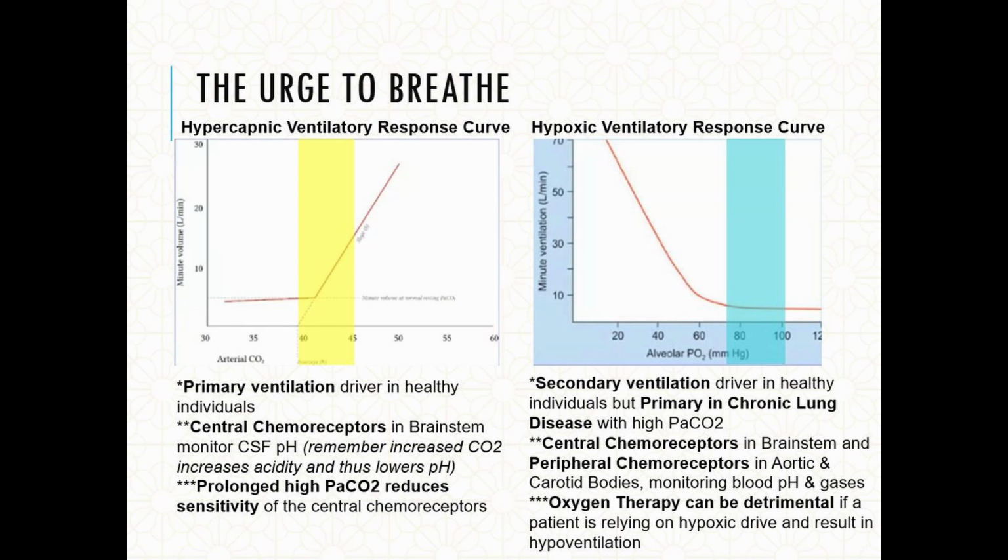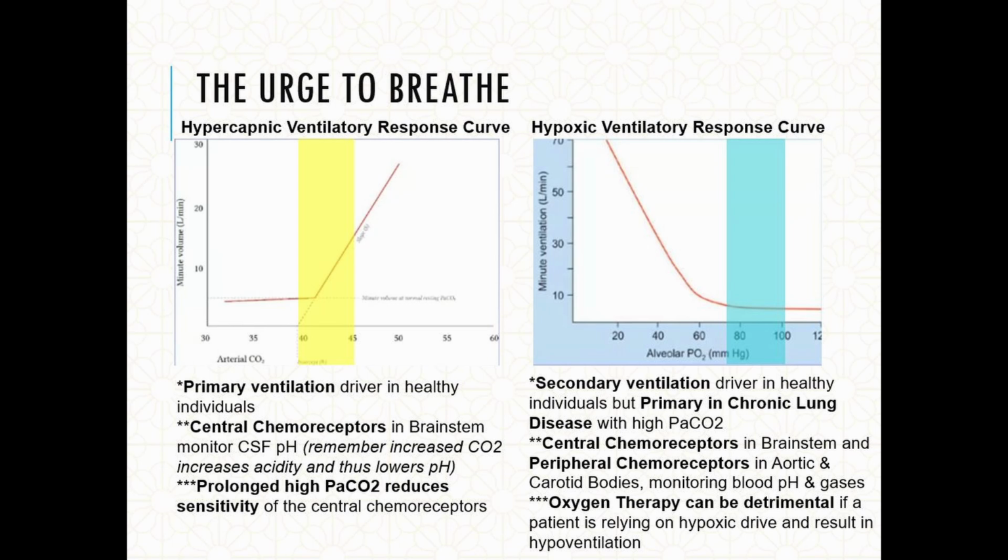So when you are treating these patients in hospital, if you put a chronic lung patient on oxygen therapy, by increasing their PO2 levels, you are actually reducing their urge to breathe.